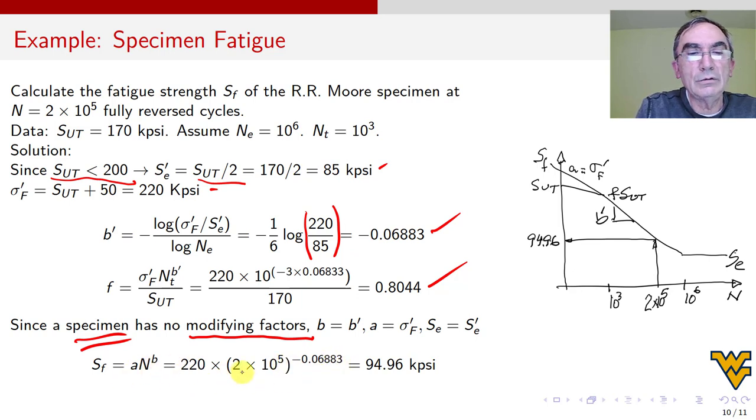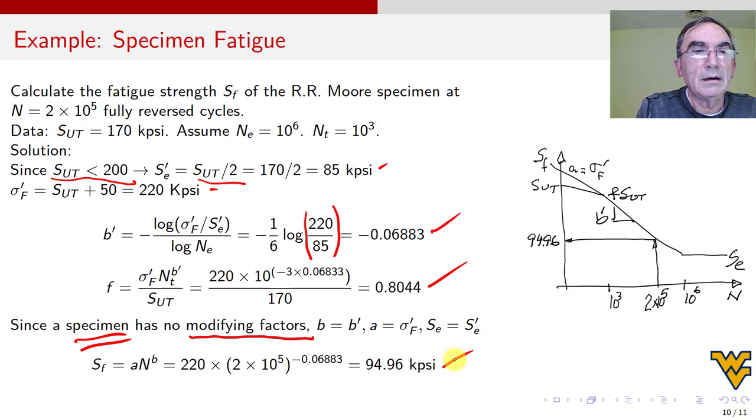N is 2 times 10 to the 5 because that's what they asked me, to the power B, which is minus 0.068883 from here, and then multiplied by A. A is equal to sigma F prime, which I calculated right there. And I get 94.96 kpsi.